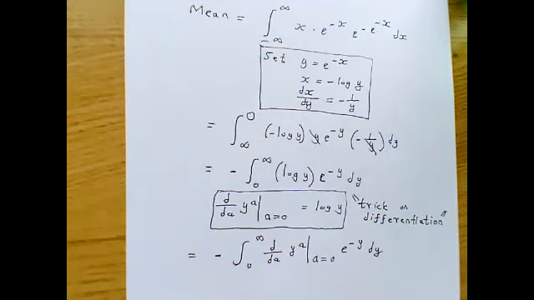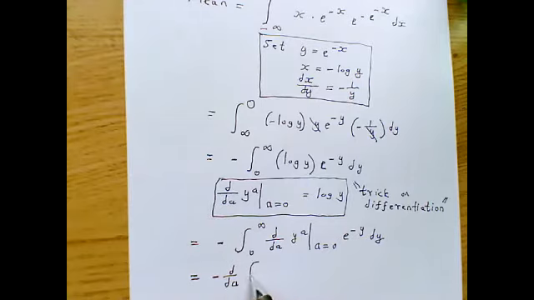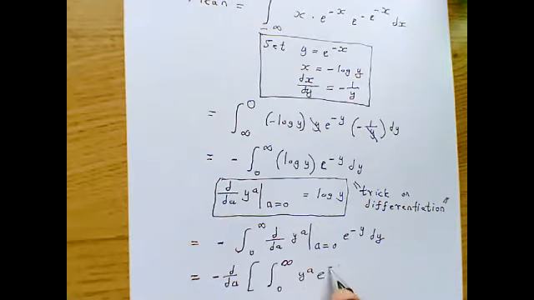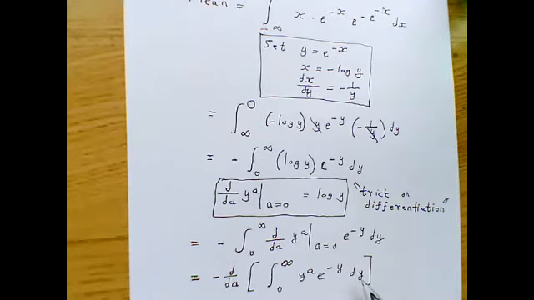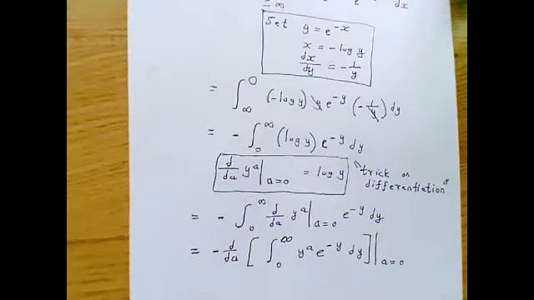you'll get this. Right now, I'm going to take the derivative operation outside the integral. So this is going to be minus d by dA in brackets. Okay, you got this, all right.